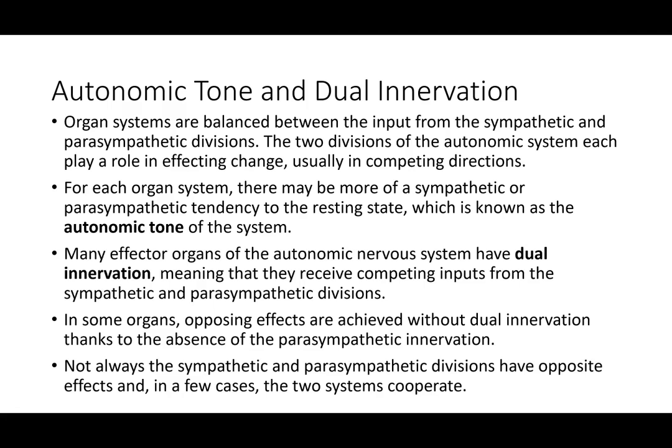So one of the prime examples of this cooperation between the two divisions actually occurs in sexual function of individuals who have X and Y chromosomes and have the organs associated with that, like a penis, testes, stuff like that. So in those reproductive organs, the blood vessels and the erectile tissue are going to be innervated with the parasympathetic division of the nervous system. So that is actually going to increase blood flow in that case rather than decrease it.